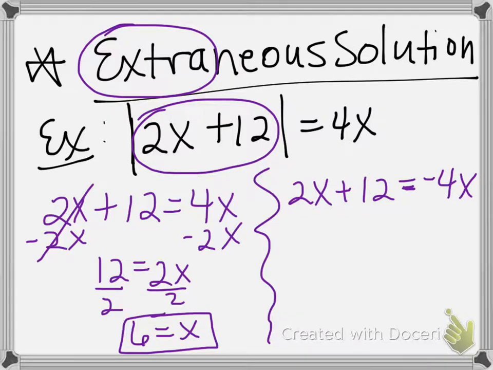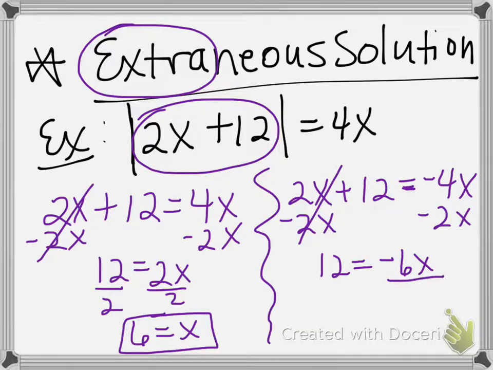Then on the other side, I'm going to do the same process. I'm going to subtract the 2x, and I'm going to subtract the 2x. So I have 12 equals negative 6x. Then when I divide by negative 6 to get x by itself, the x is going to be negative 2.